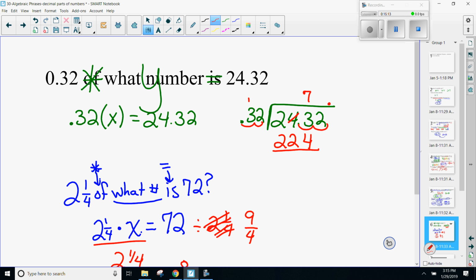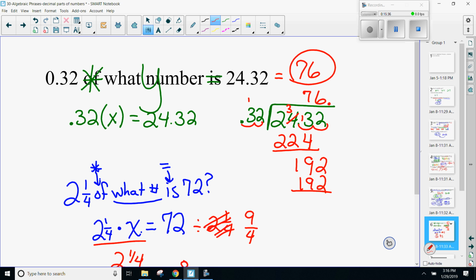So you subtract, and you end up with 9, 1. Bring down the 2. How many times does 32 go into 192? 6 times. 6 times 2 is 12. Carry the 1, you get 18 plus 1 is 19. So your answer is 76.